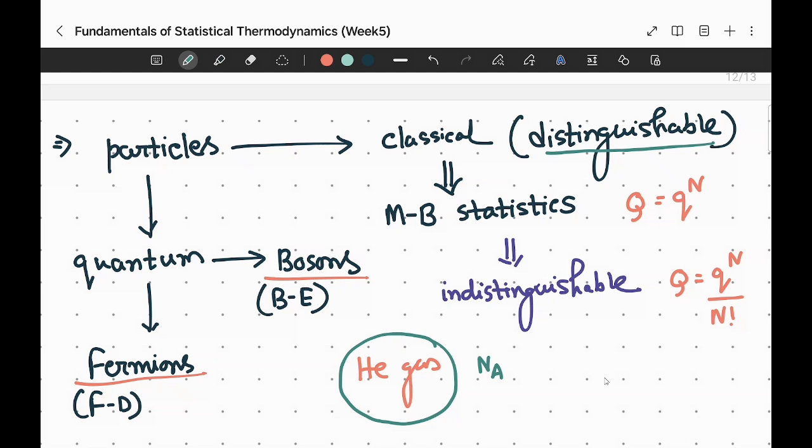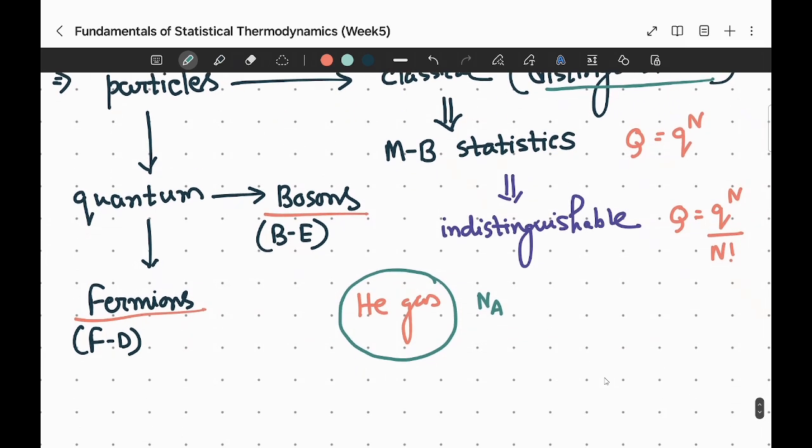But when these 10 balls become thousands of balls, all moving very, very fast, you can't track them. In that condition, though it's an approximation, you can consider those molecules as indistinguishable, and then only you apply this formula, q to the power N by N factorial. So these are all for Maxwell-Boltzmann statistics, not for quantum mechanical particles, because molecules are not quantum mechanical particles.